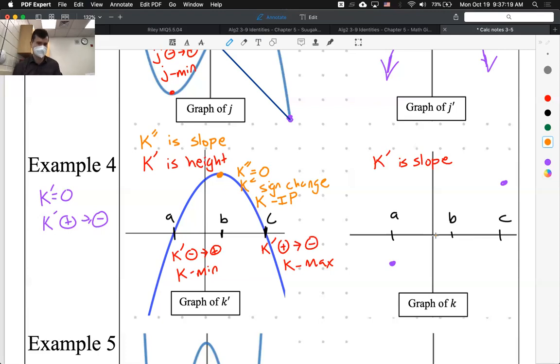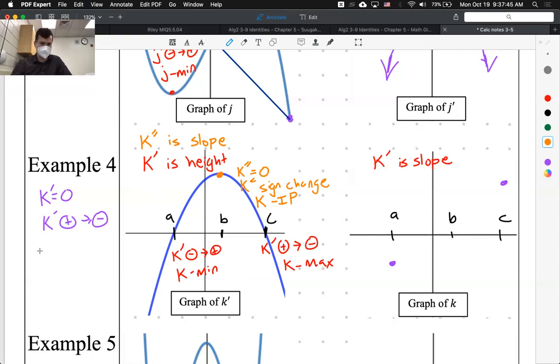Well, since I'm talking about concavity, maybe we should analyze what is happening with the concavity between A and B and B and C. So between A and B, what's happening with the concavity? What's happening with the slope of this graph of K prime? Here, give me the definition.